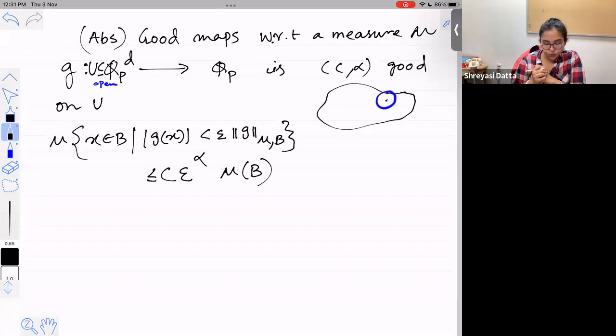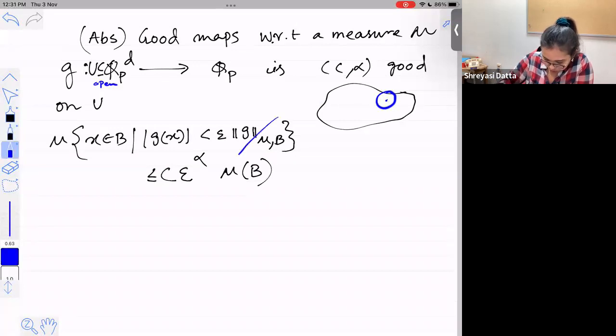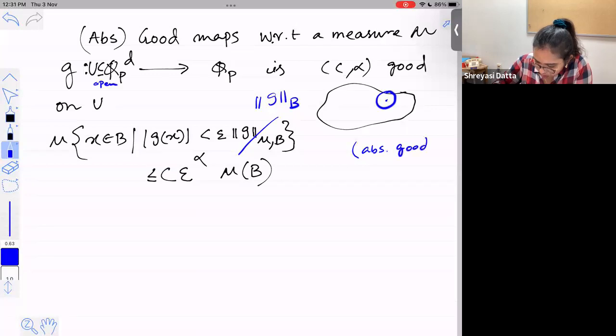And I also said absolutely good. So if instead of essential supremum, you replace this by just the supremum norm, then that's going to be absolutely good. So if something is absolutely good, it's going to be good as well. For example, you should keep in mind, maybe you can think about polynomials with respect to Lebesgue measure.